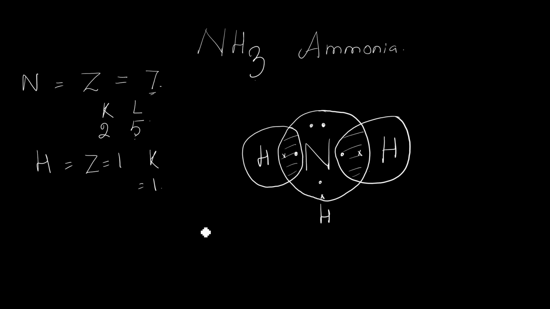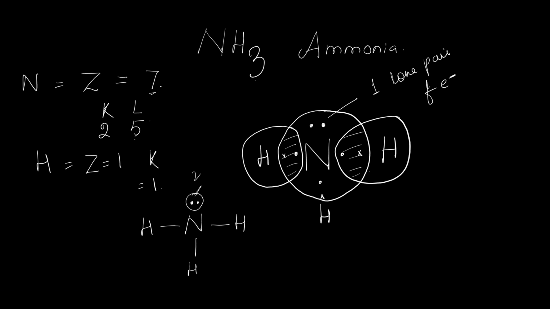So you can also write like this: NH3. It has one lone pair of electrons. One lone pair means it has 2 electrons. And all are single covalent bonds.